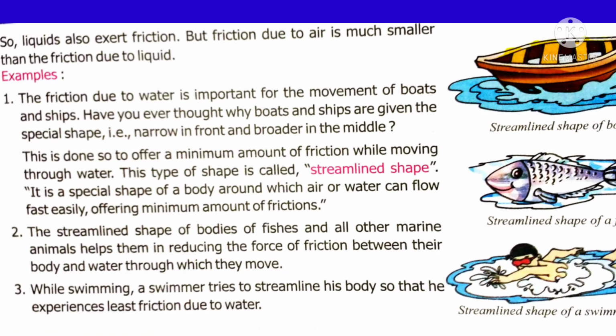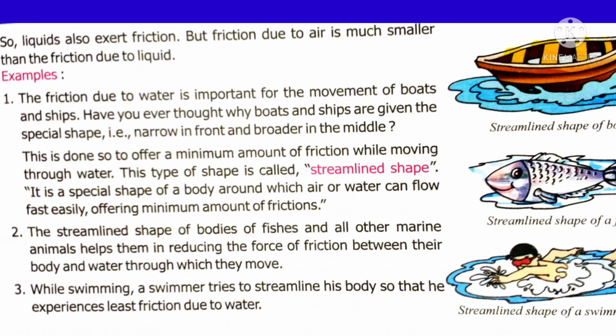You might have observed that aquatic animals like fish, and ships and boats, are narrowed in front, that means they are spindle in shape, with both corners tapered and broader in the middle. What is the reason behind this? Because fish have to swim forward and boats have to move forward. But the water in front of them is a liquid which exerts friction and does not allow them to move forward easily.